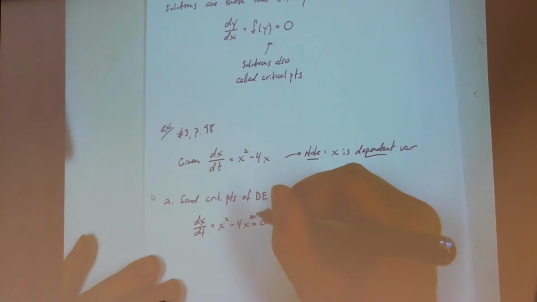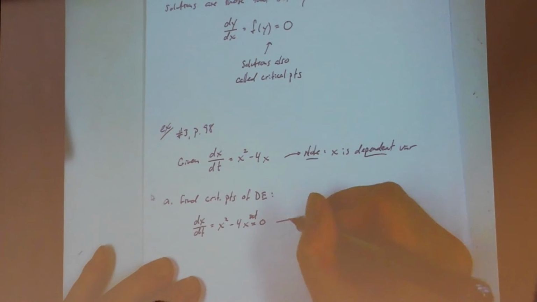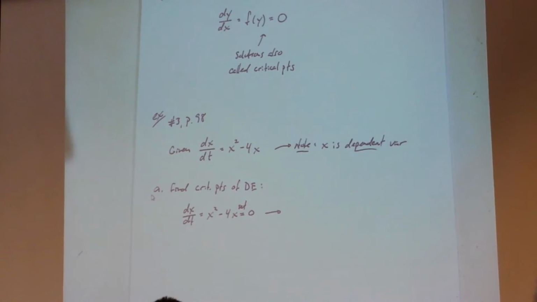That's when we set dx/dt equal to 0 and solve for x. What will they be? 0 and 4. x times (x minus 4), so 0 and 4.